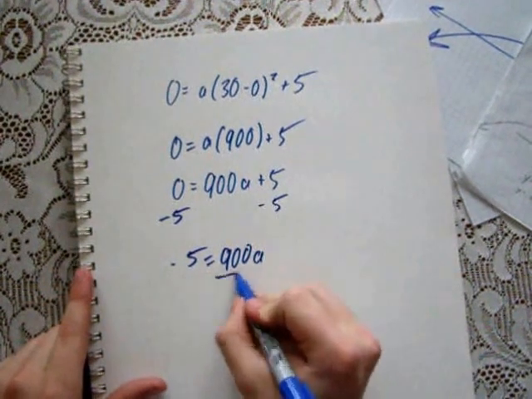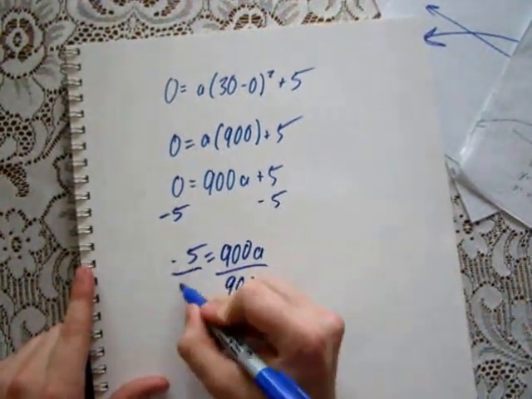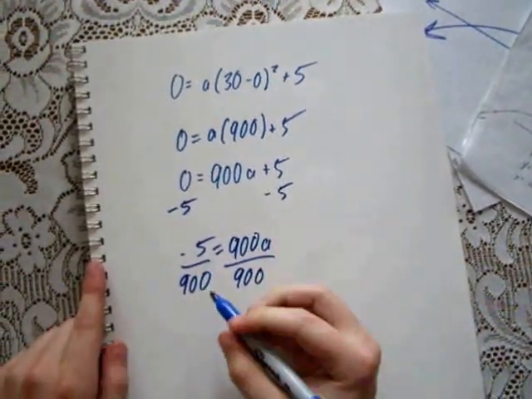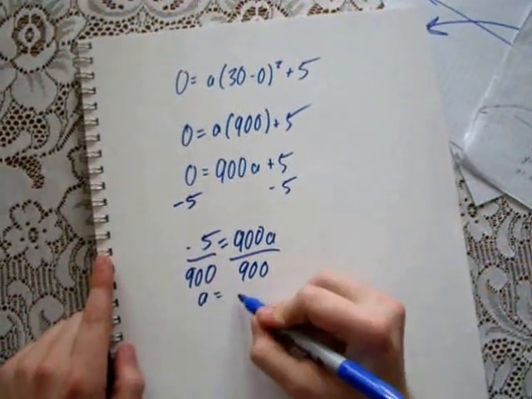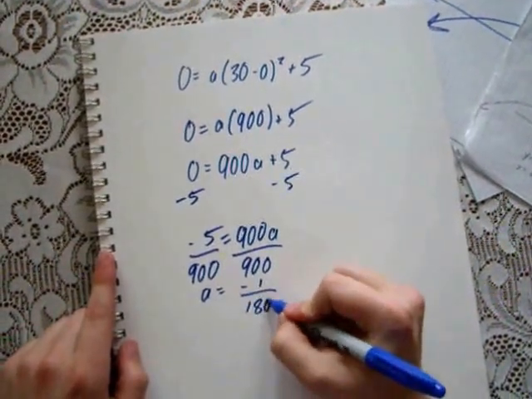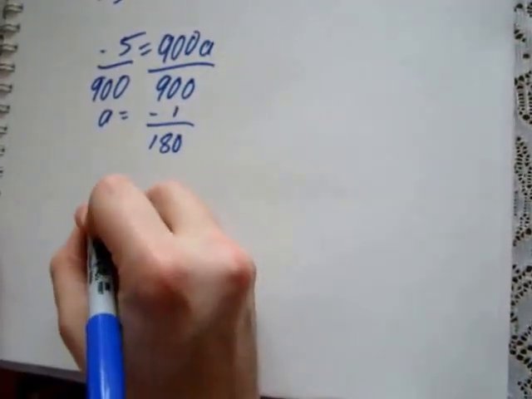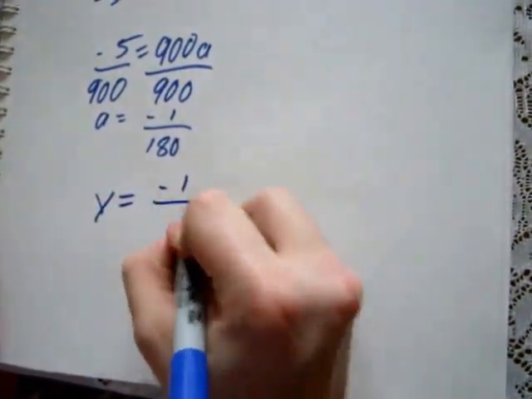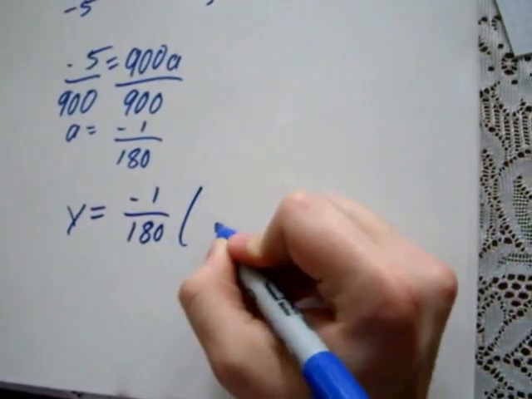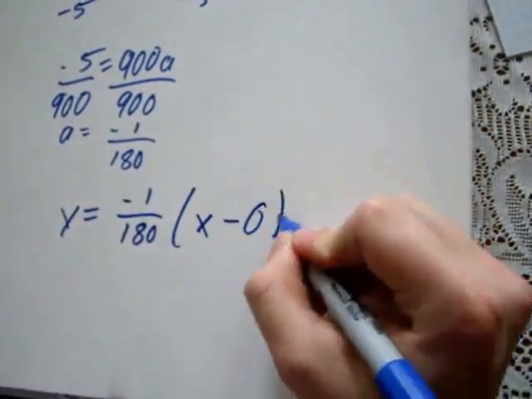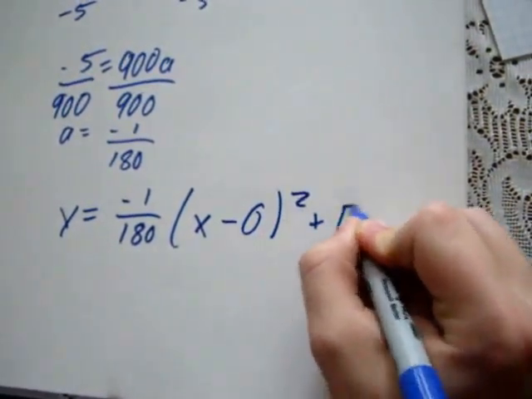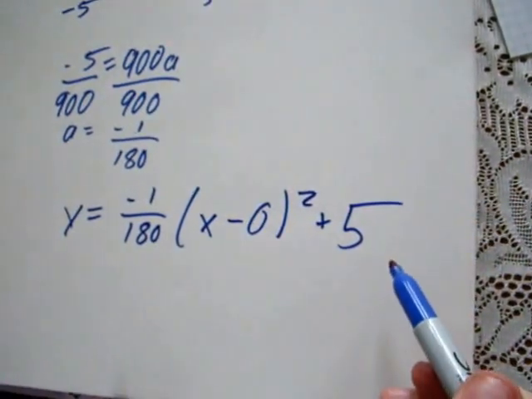We divide both sides by 900 and get that a equals -1/180. Now that we have our a value, we have our equation: y equals -1/180 times the quantity x minus 0, all squared, plus 5. This is the equation for our parabola.